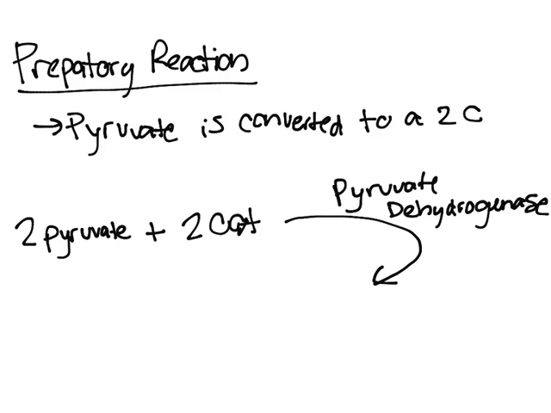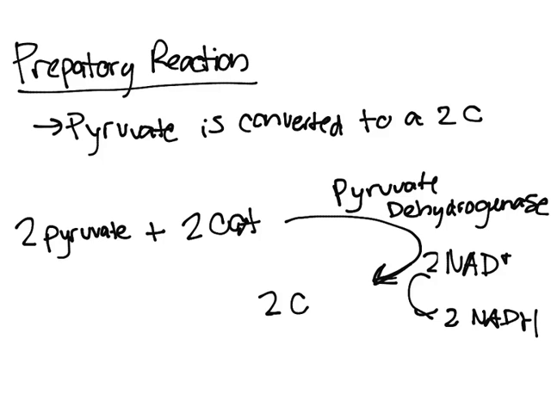And also here you need 2 NAD pluses, and then that essentially gets turned into 2 NADH. And then in the end you get out 2 carbon dioxides as well as 2 acetyl-CoAs.